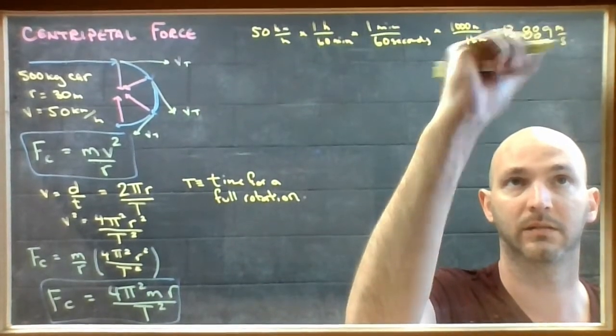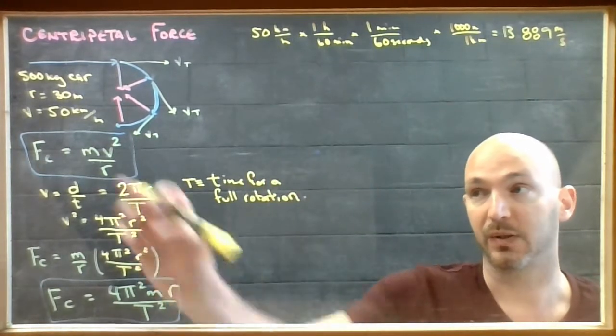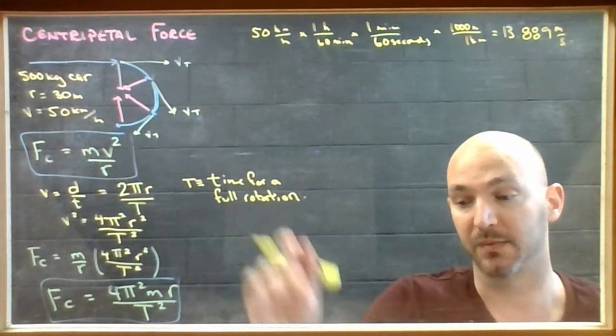So I have my speed in the correct units. Meters is the correct unit, and kilograms is the correct unit.